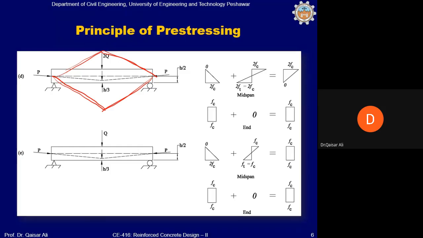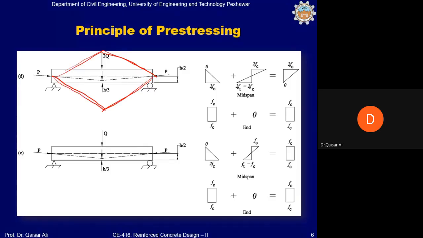So now let's discuss what will happen if the force P is applied at an eccentricity. For this, we will have to investigate the beam at midspan as well as at the end of the beam, at the support of the beam. First, let's discuss the midspan.